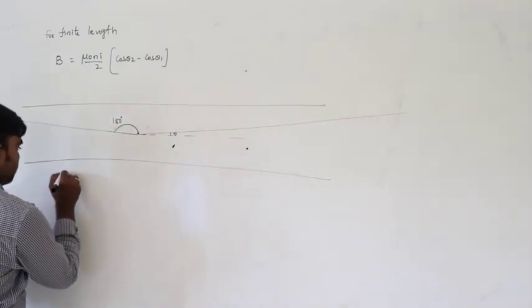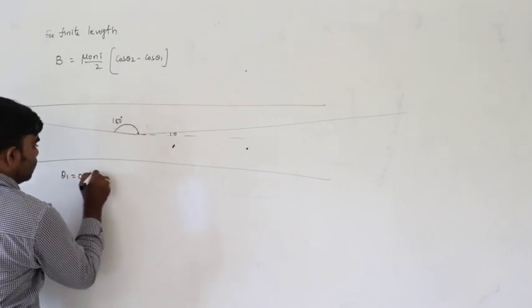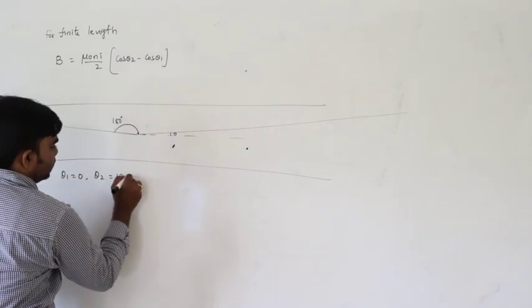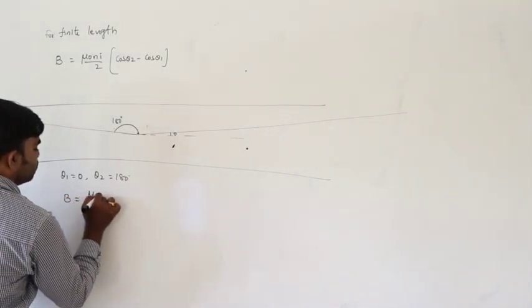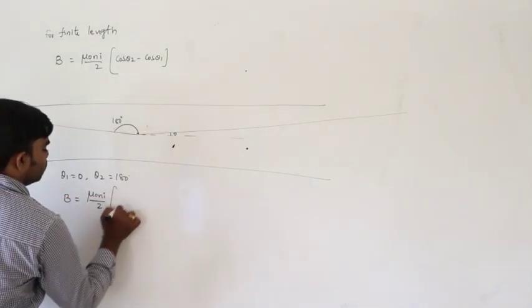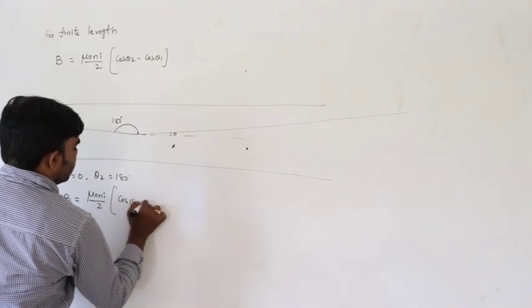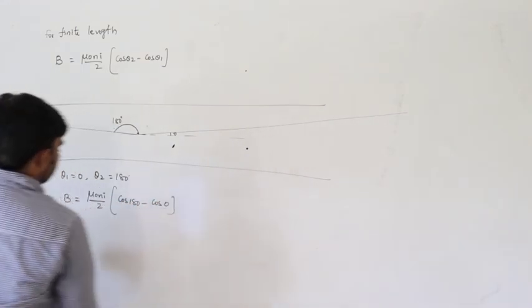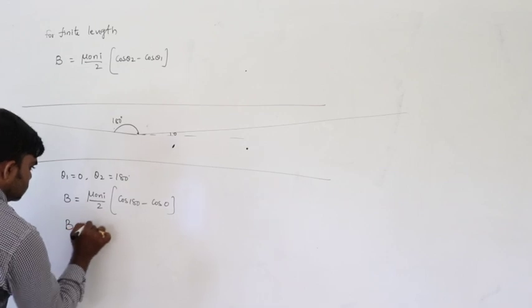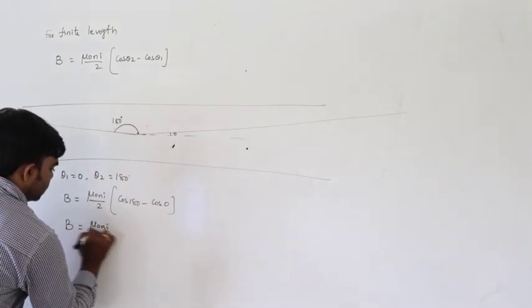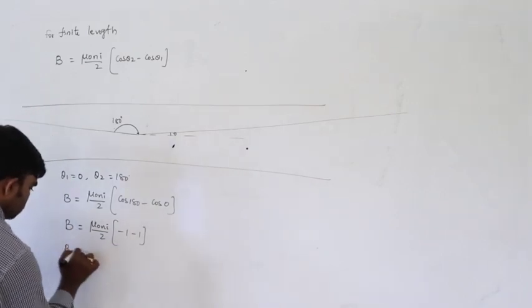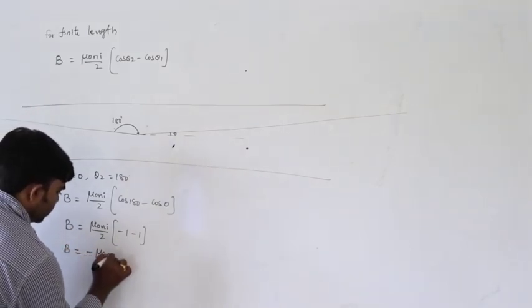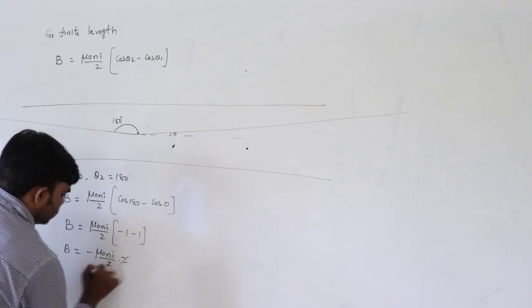So let us say theta 1 is 0 and theta 2 is equal to 180. By substituting these values, B is equal to mu naught Ni by 2 into cos 180 minus cos 0. So B is equal to mu naught Ni by 2 into minus 1 minus 1. So B is equal to minus mu naught Ni by 2 into 2, the 2 gets cancelled.